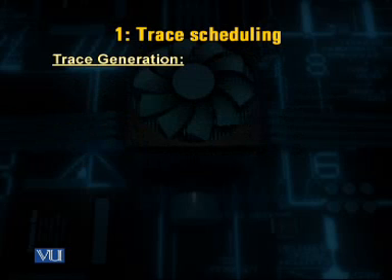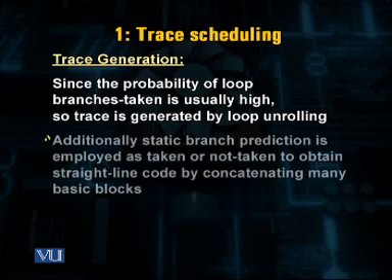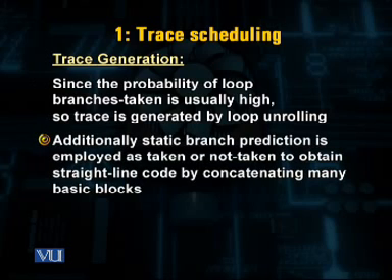For trace generation, as the probability of loop branches taken is usually very high, trace is generated by loop unrolling, assuming branch taken. Additionally, static branch prediction is employed as taken or not taken to obtain straight line code by concatenating many basic blocks.